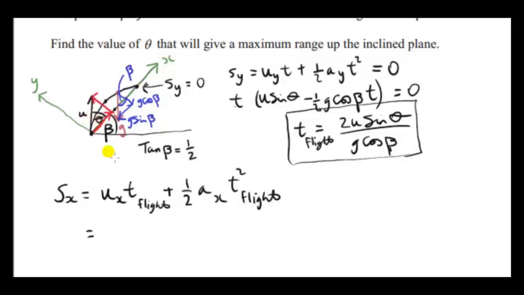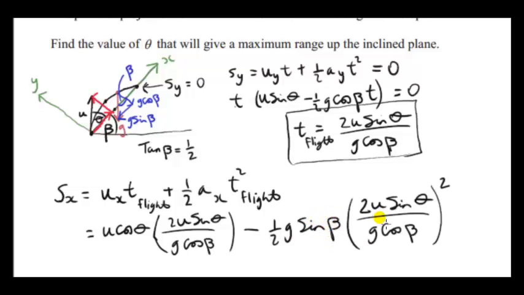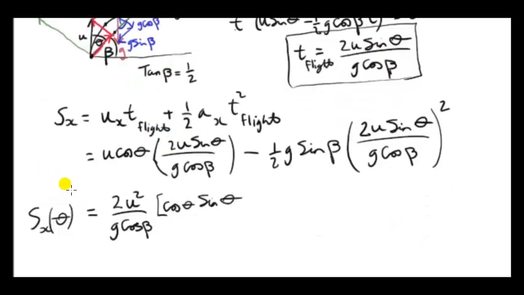So ux is u cos theta, and we plug in the time of flight. We have minus a half ax, that's minus a half g sine beta, and then we have the time of flight squared. Now, the only variable in this expression is theta.